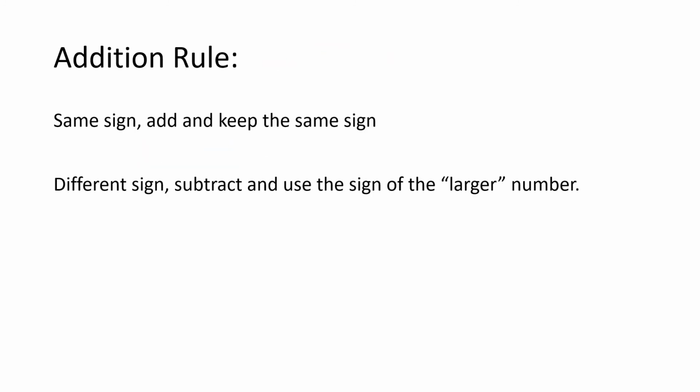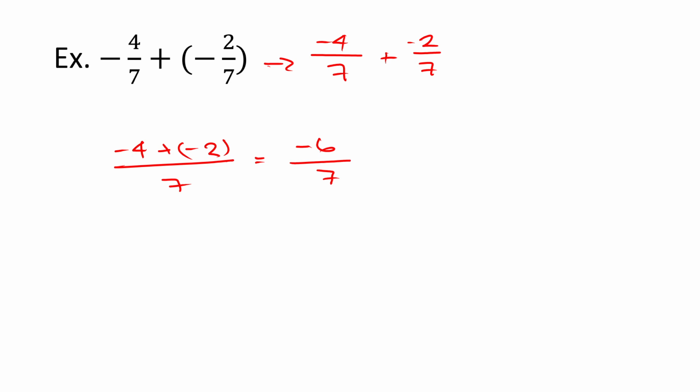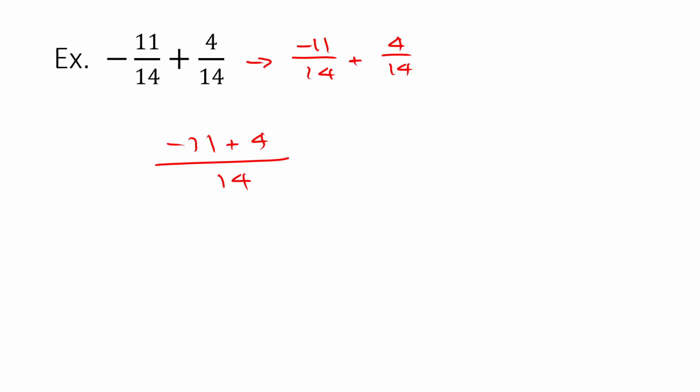Different signs means we're going to subtract and then use the sign of the larger number. So we're going to subtract 11 minus 4 to get 7. So your final answer is going to be 7, and then what's the sign?